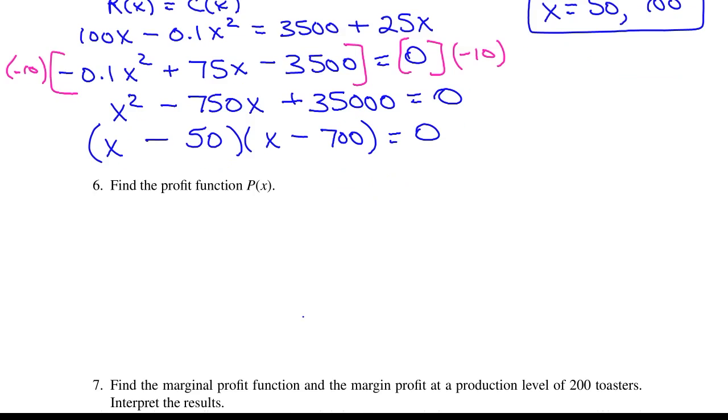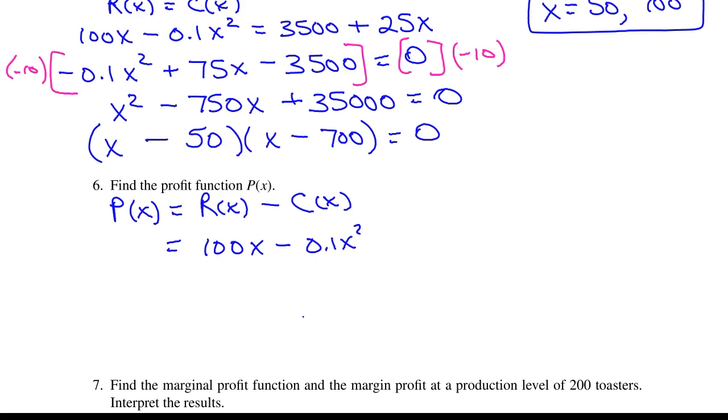Question 6, find the profit function. So P(x) is equal to R(x) - C(x). So that would be 100x - 0.1x squared, that's the revenue, minus the cost function, 3,500 + 25x.